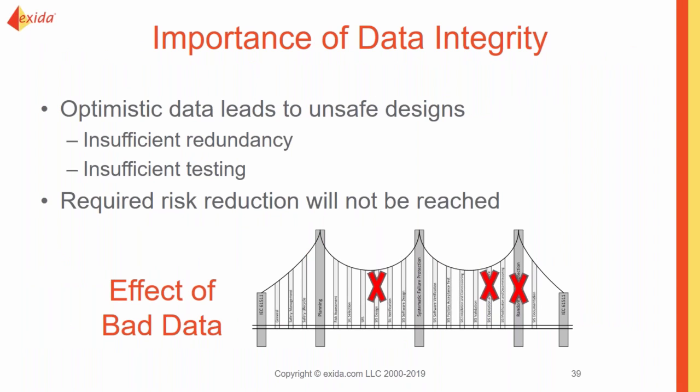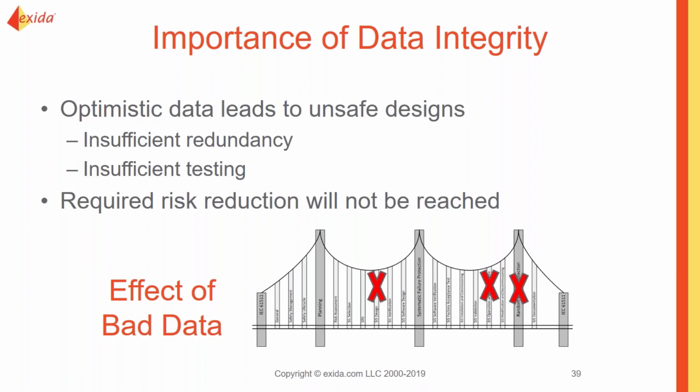Having optimistic data leads to unsafe design. I always say look at a big bridge. Think of functional safety as a bridge. And if you cherry pick what you're doing, or if you use overly optimistic data, you could have not enough redundancy, you could have not enough testing, not often enough testing, your architecture could be wrong, and all of a sudden your risk reduction that you calculated you needed is not going to be there.